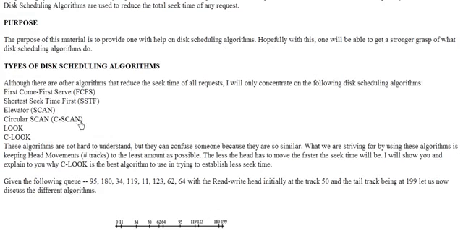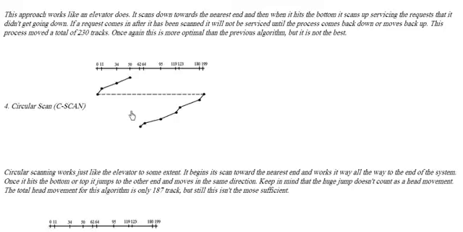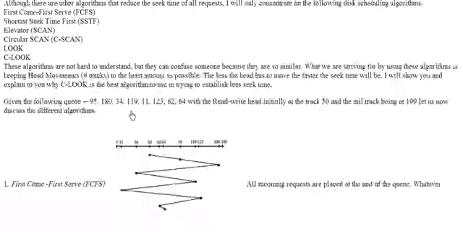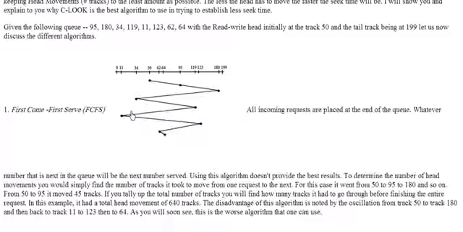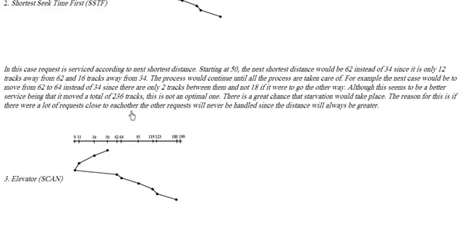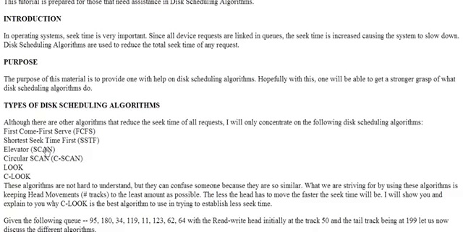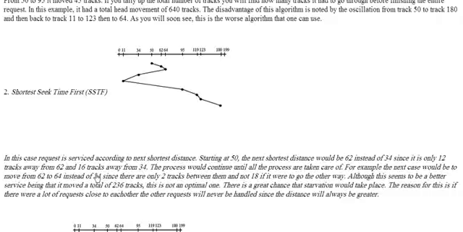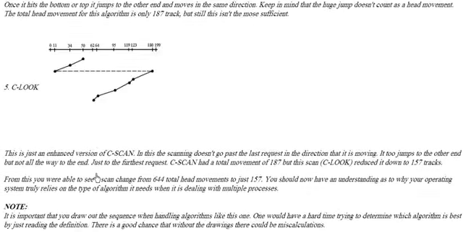And circular scan, we got 187. And the last thing, the C-LOOK algorithm, we got 157. So we can compare between them and see what is the best. From this, you were able to see that we changed from 644 total head movements to just 157.